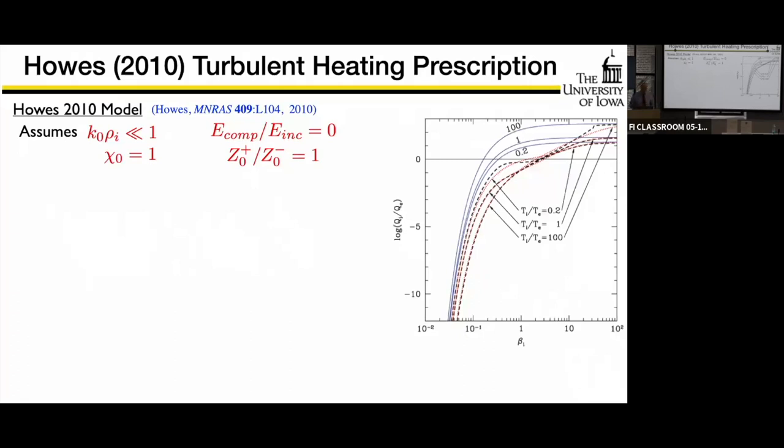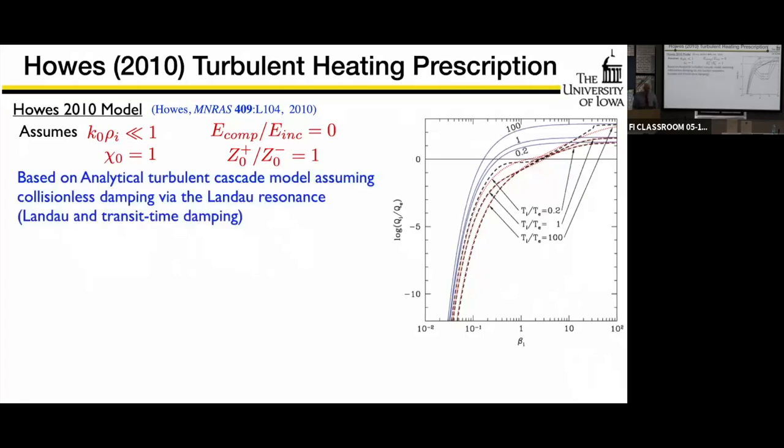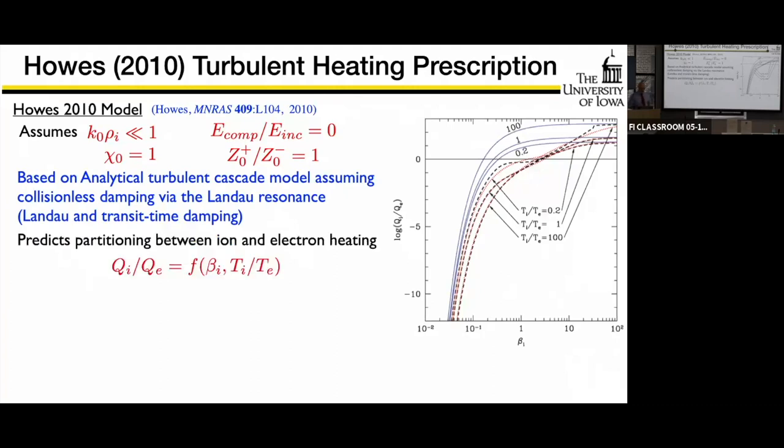Again, lots of systems satisfy these requirements. And again, it's based on a balance between an analytical model of the turbulent energy cascade, and it assumes that all of the dissipation is associated with collisionless wave-particle interactions via the Landau resonance, specifically Landau and transit time damping. And what it gives you is the partitioning between ions and electrons as a function of beta and Ti over Te.